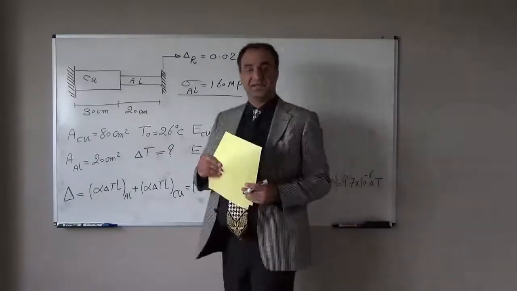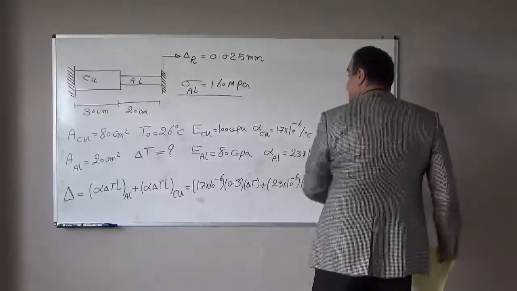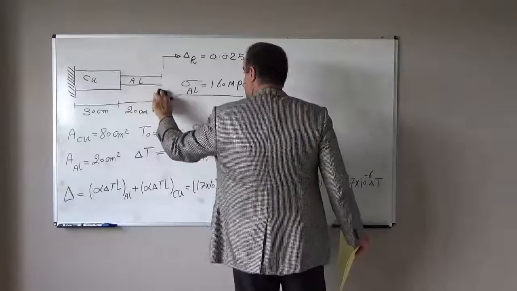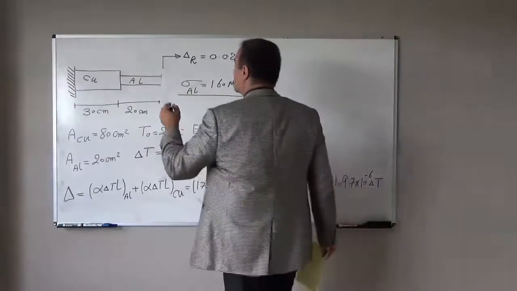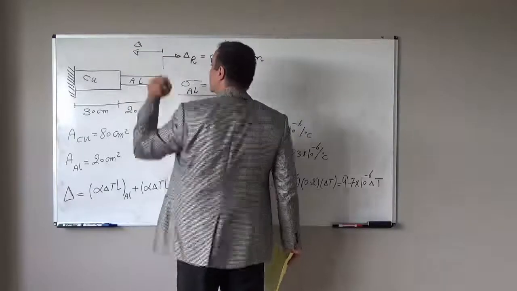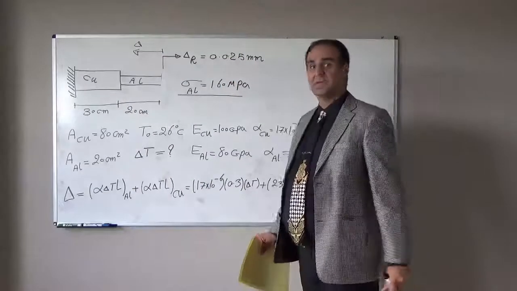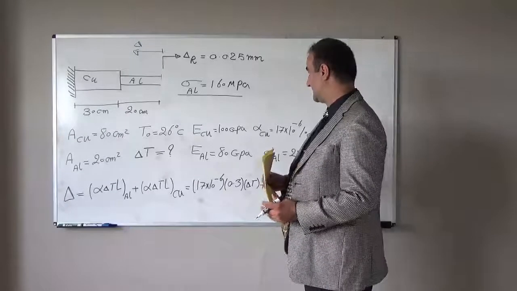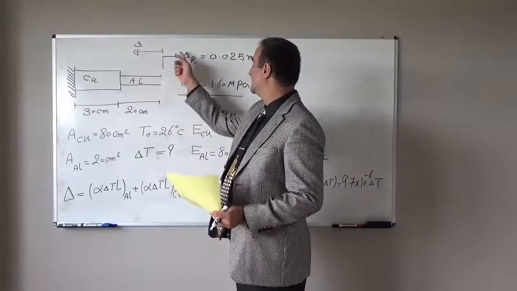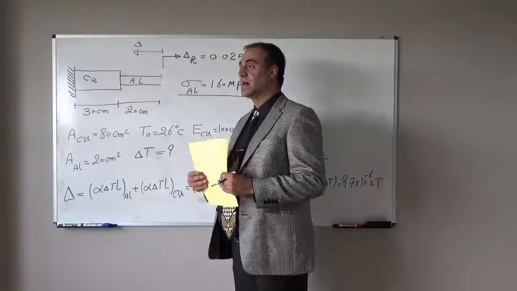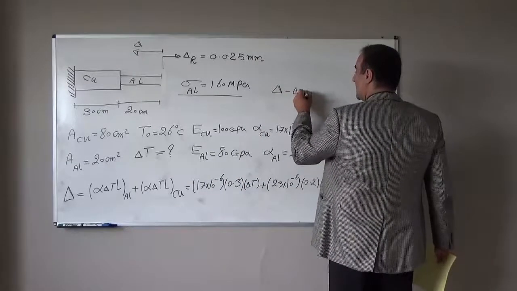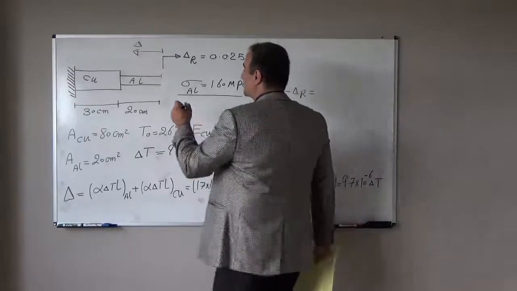So if it is free, for example, if we don't have this support, the deformation from right to left will be this delta. Okay? So let's see what is happening. This support will move from right to left as much as delta R. So delta minus delta R is the deformation.